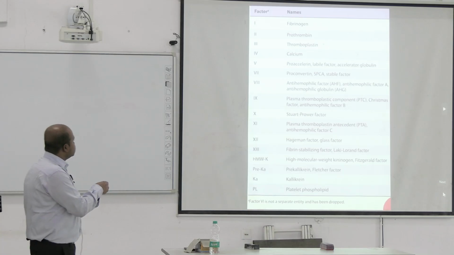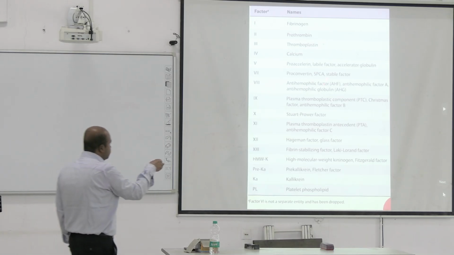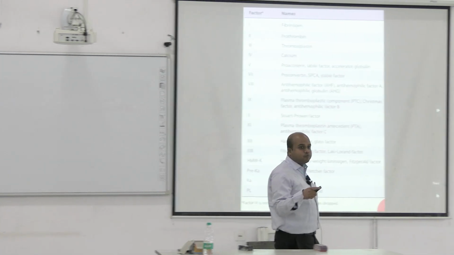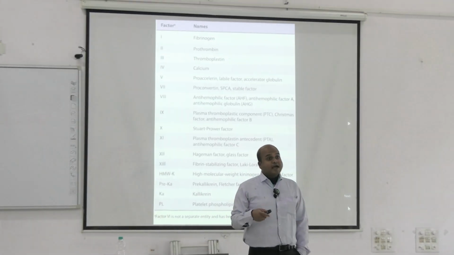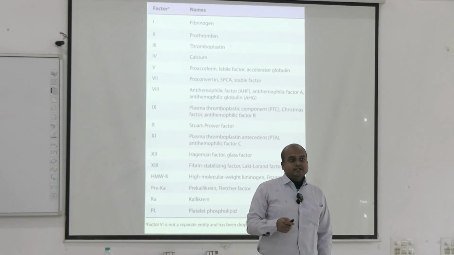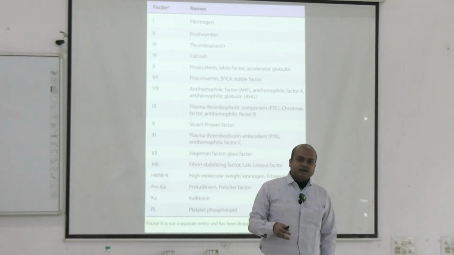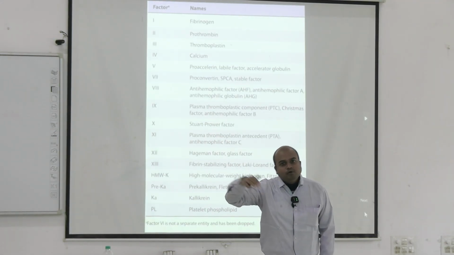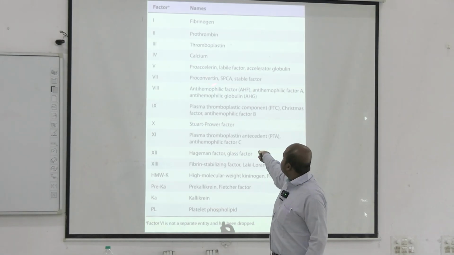I had told all these things yesterday. I could not recall the full form of SPCA yesterday. It is serum prothrombin conversion accelerator. Again, the terms are historical. At that time it was thought that prothrombin to thrombin conversion is done by factor 7 itself.